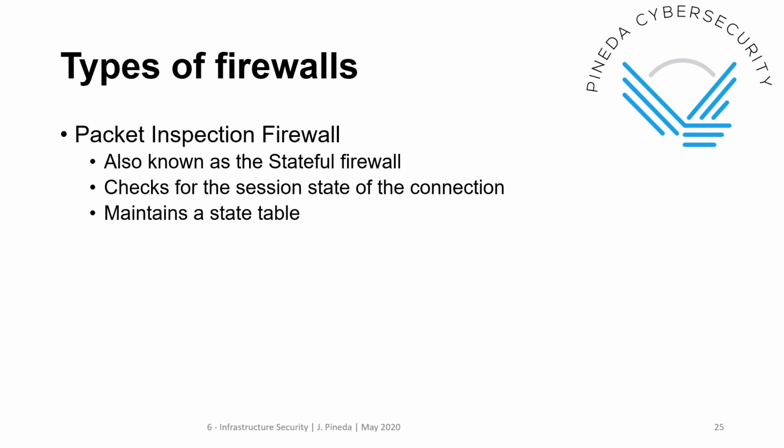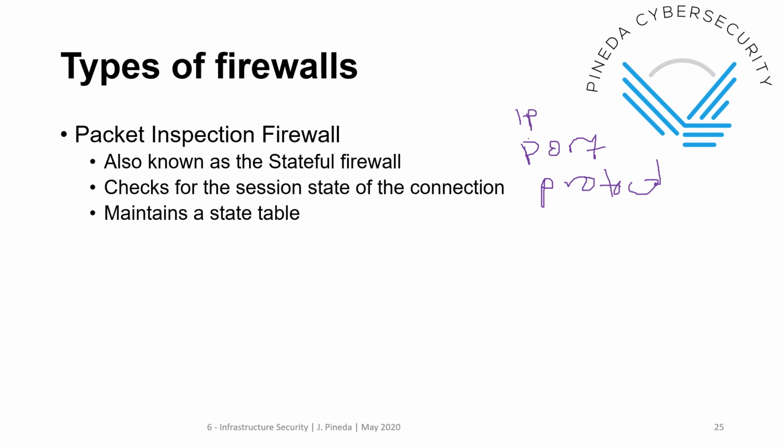So that's why there's another firewall called the packet inspection firewall, which is also known as the stateful firewall. Now, for this type of firewall, it also checks another aspect aside from the header, because as mentioned, in the header it only checks the source and destination IP, the port, and the protocol.